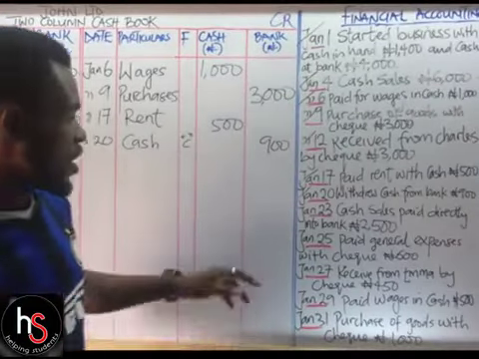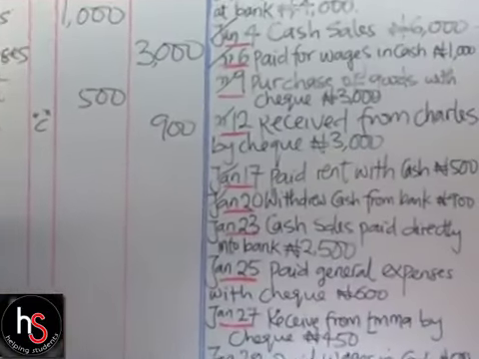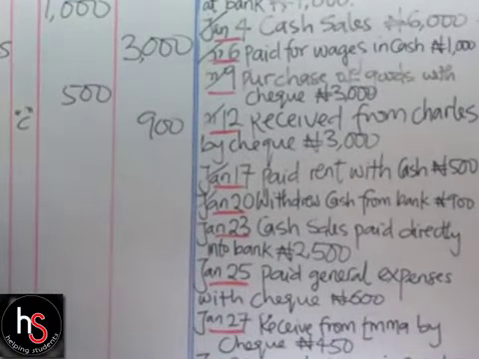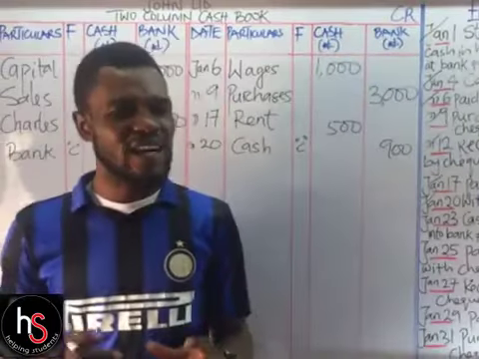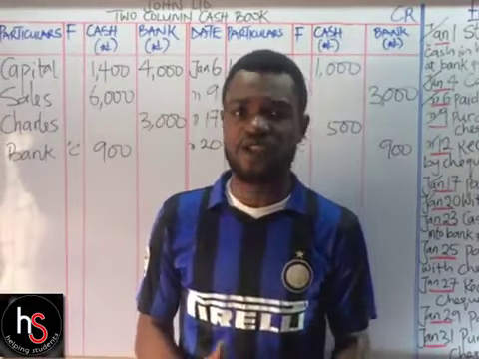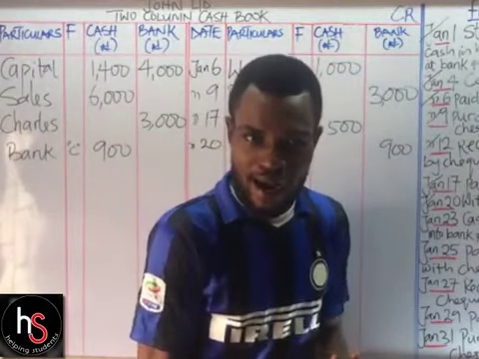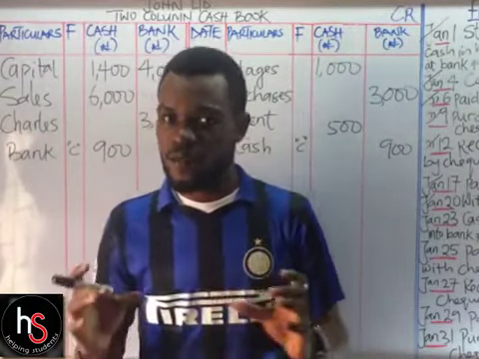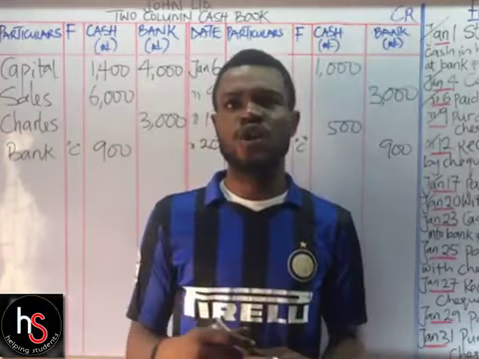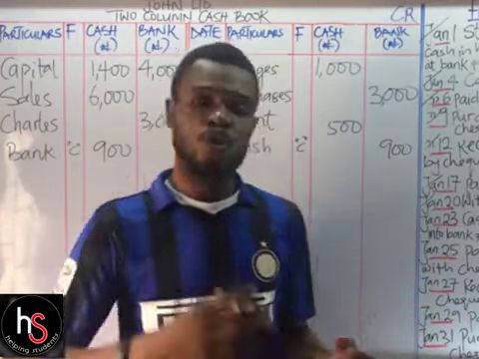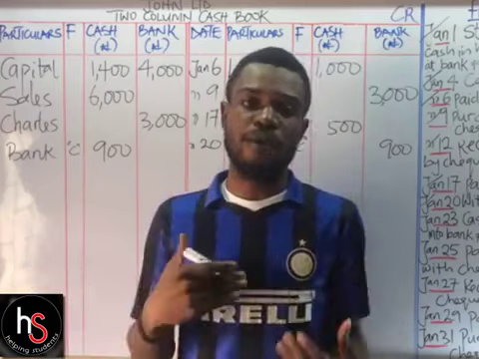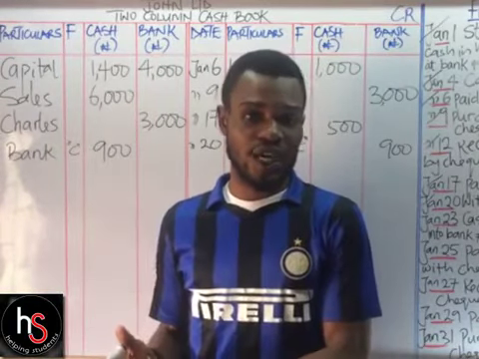Okay? Now the next one says cash sales paid directly into bank, 2,500. Remember how to identify a contra entry: once it has to do with the bank and cash, it's simply a contra entry. But a situation whereby a question tells you withdraw cash from the bank for personal use, it is not a contra entry.